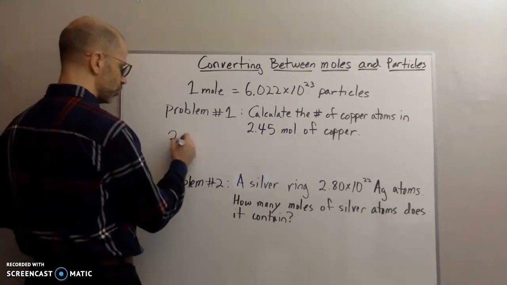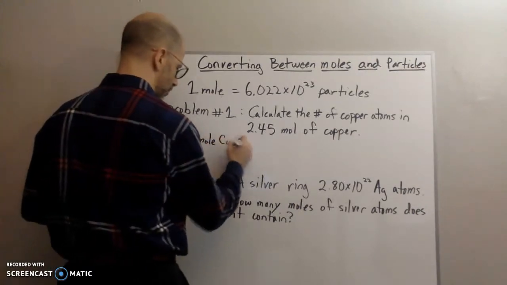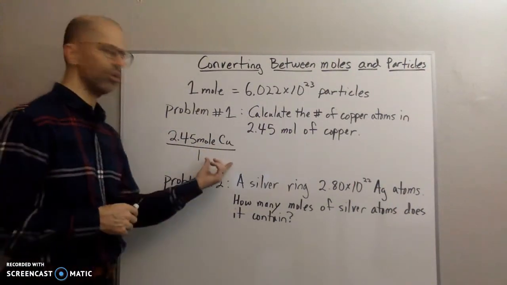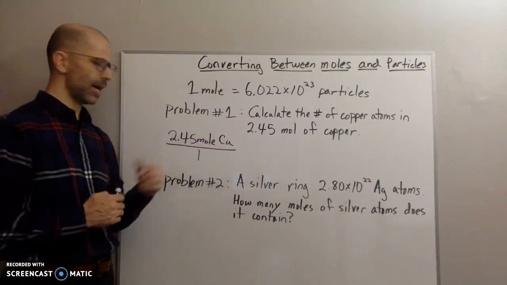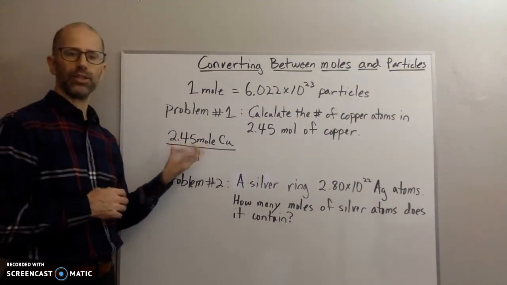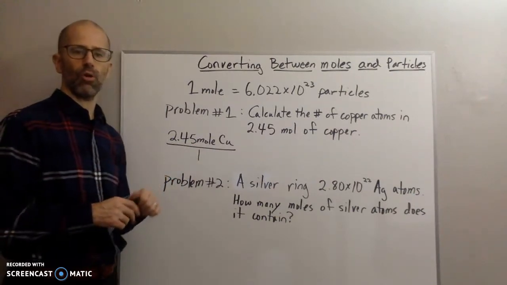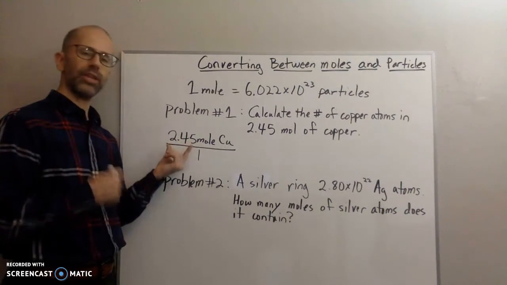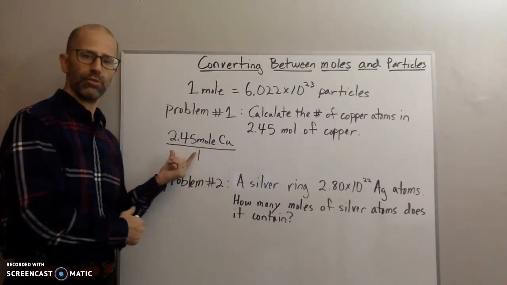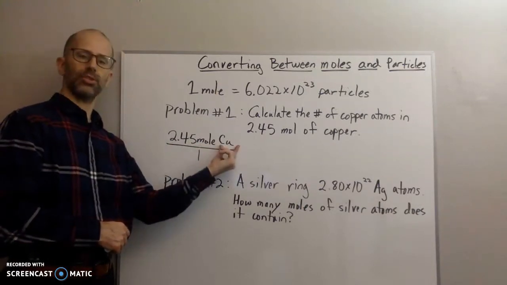So we start with 2.45 moles of copper, and I put it over 1. No unit on the bottom, so everything is on top. Now, there's one thing I want to point out. Whenever I am doing conversion factors involving substances like silver or copper, there are 3 things you need to have with your conversion factor: the number, the unit, and the substance you are talking about.